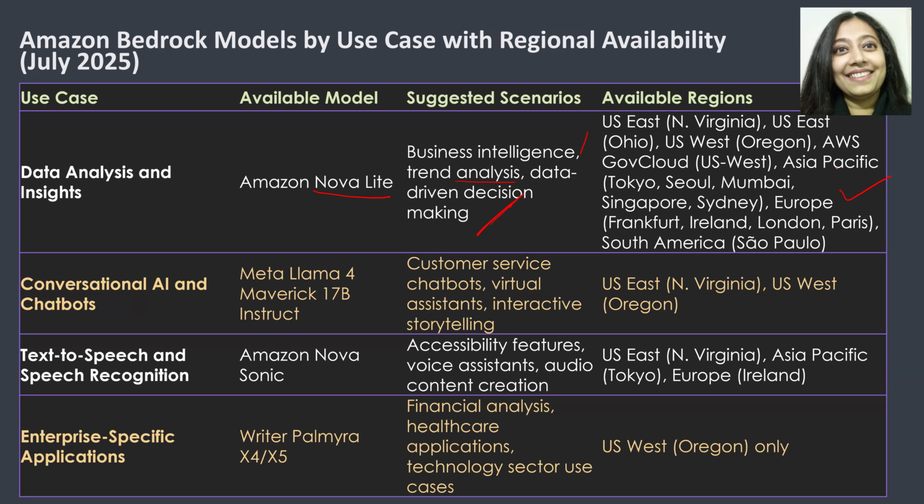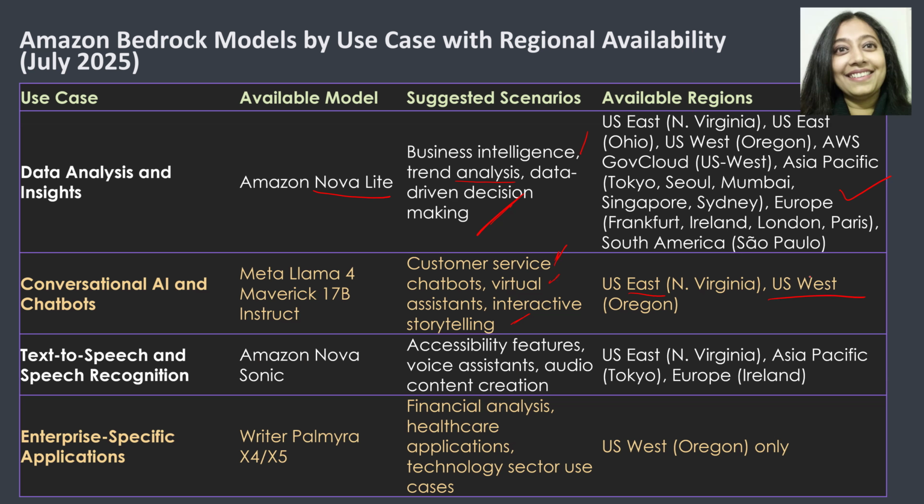Let's say you are building a conversational AI and a chatbot, you could potentially use Meta Llama 4 Maverick 17B Instruct. This model is pretty good with any kind of customer service chatbot creation, visual assistance, or interactive storytelling. And it's available in US East and US West.